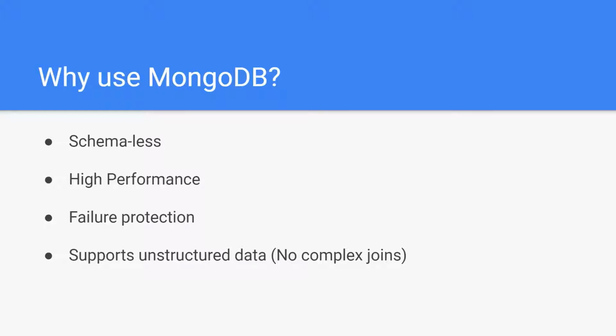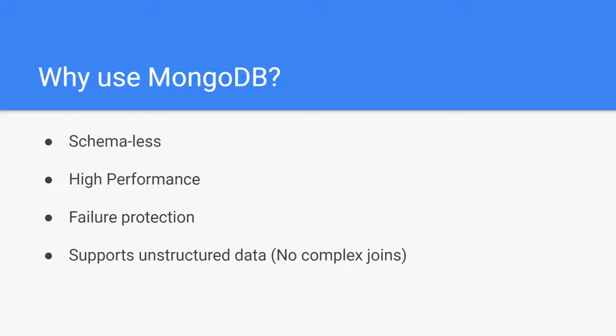And when you're trying to query some data out of these tables, it's usually pretty complex because you have to do some join operations. So in MongoDB, you don't have these features and you just have a collection which consists of multiple documents.